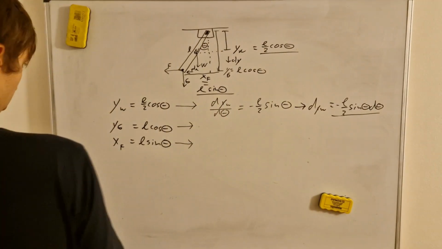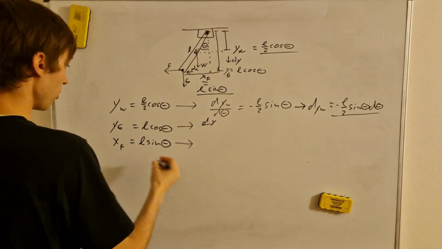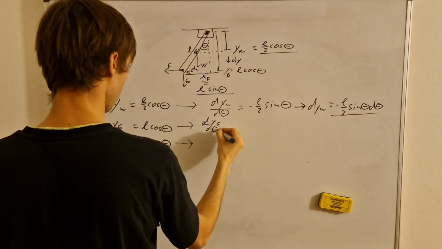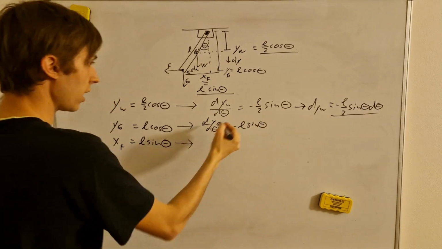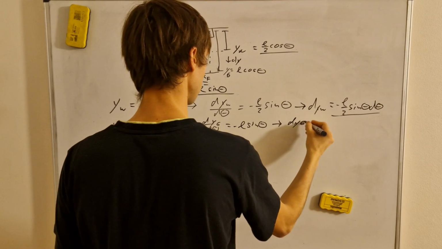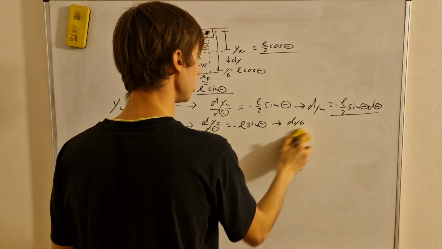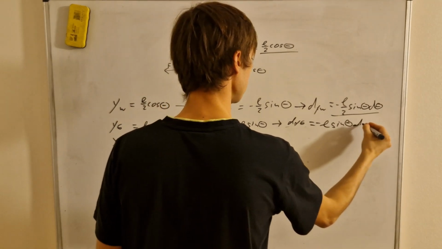And then y sub g, again the same idea. So the derivative in respect to theta on both sides of this equation. So this is minus L sine theta. And again, multiply by d theta on the right side. So dy sub g equals minus L sine theta d theta.